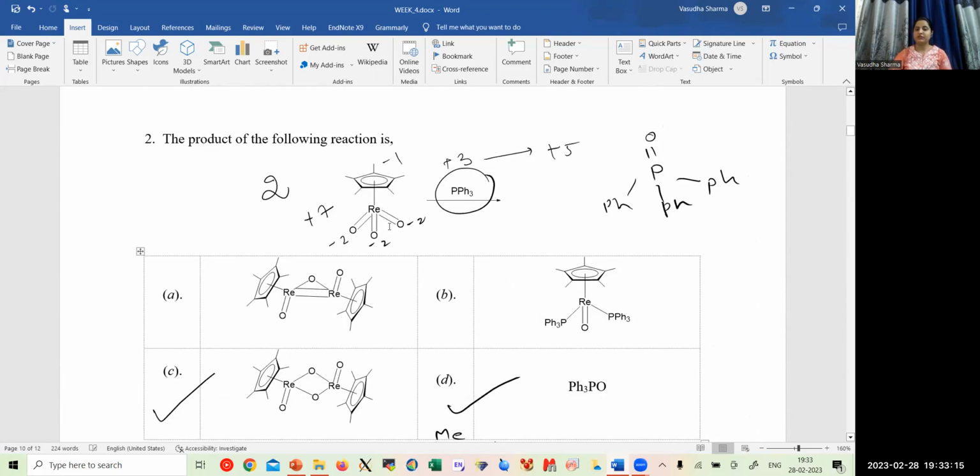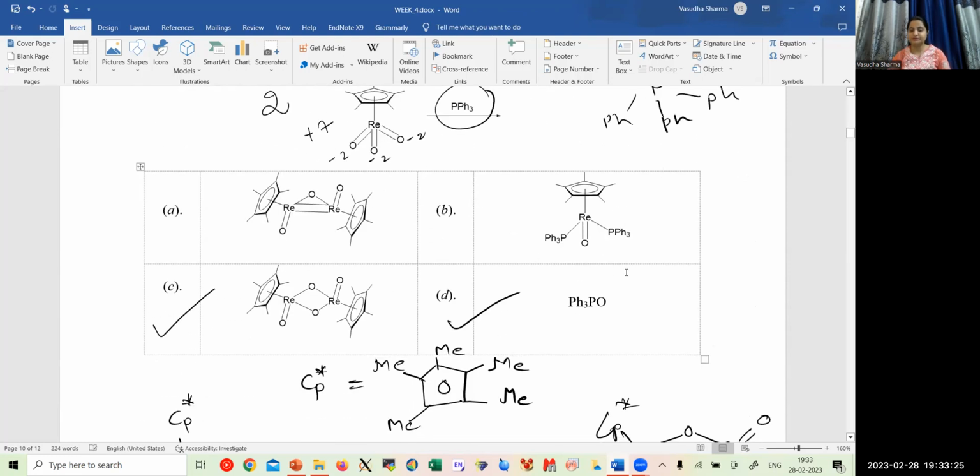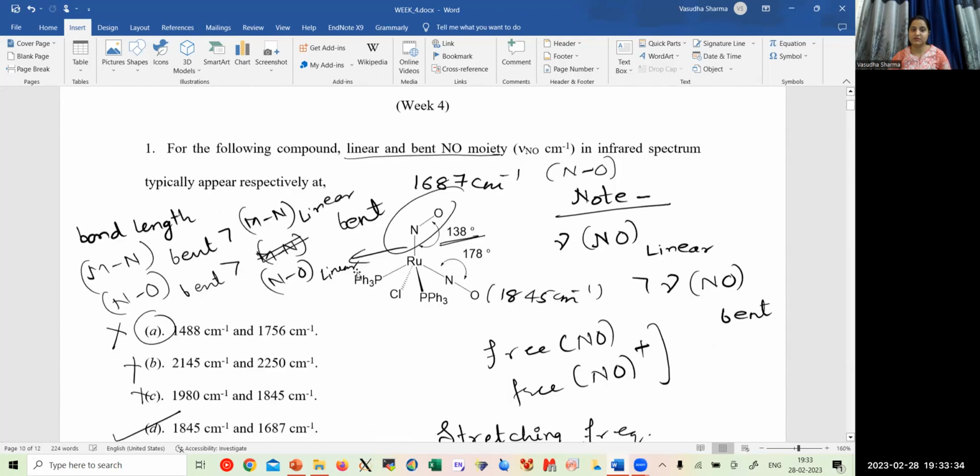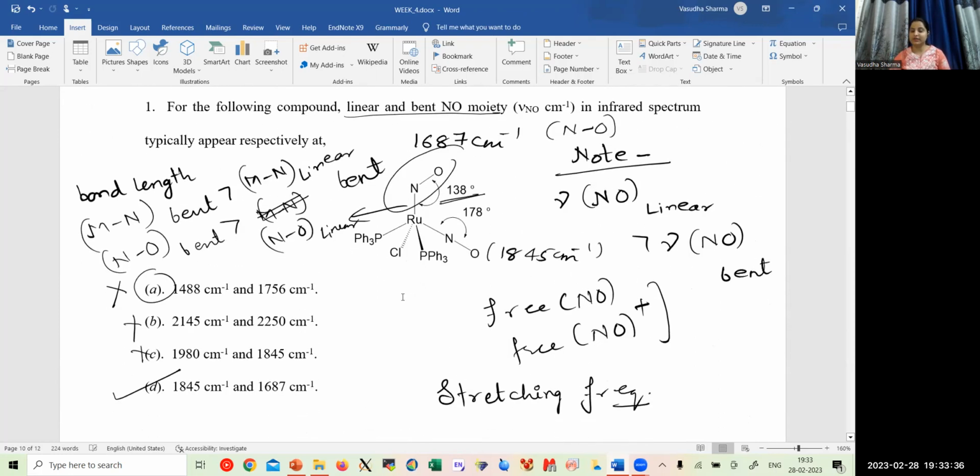Here also we saw that if there are oxygen sources, PPh3 will take up the oxygen very easily and go from plus 3 to plus 5 oxidation state, giving a product of PPh3O and a main product of this dimer of rhenium. And here we have seen the first complex where the bent and linear are given and we need to assign the stretching frequencies.